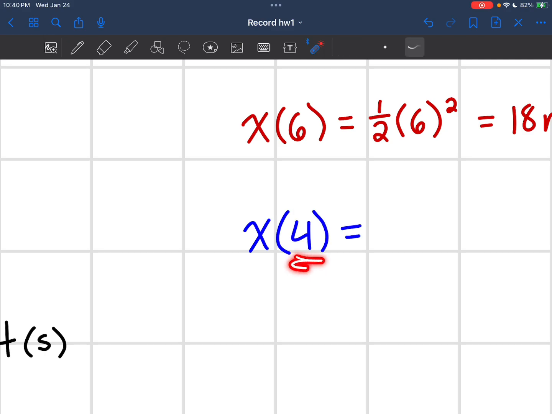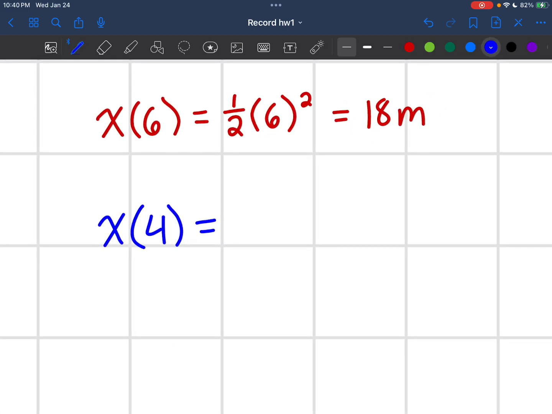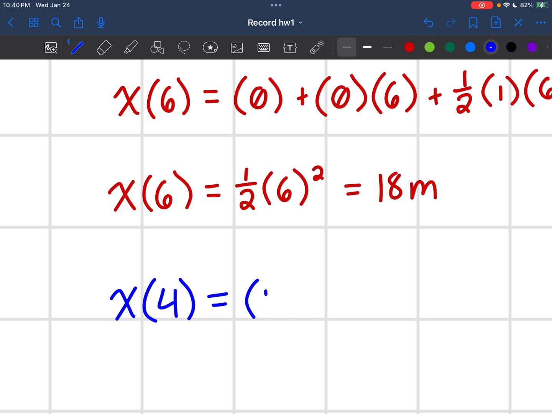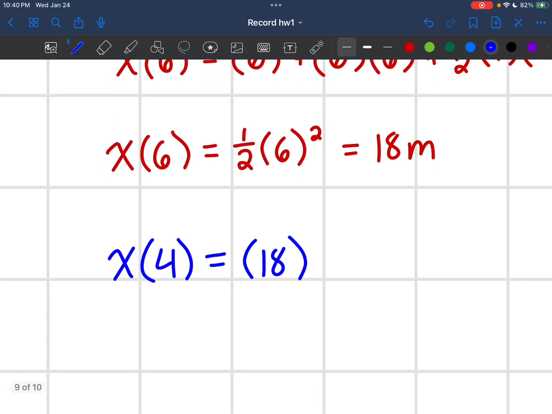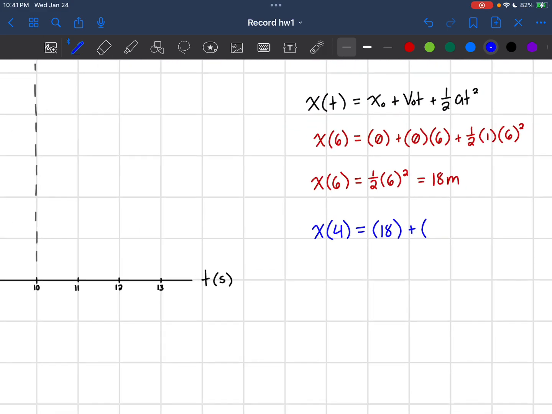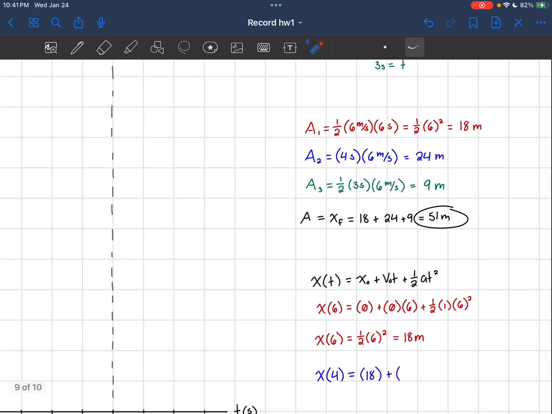And the reason it's x of 4 is because, if this is my new 0, I go 1, 2, 3, 4 seconds. So after 4 seconds of traveling, my new acceleration is 0. Right? So now my initial position is where I left off from before, my 18 meters. My initial velocity, well, now I actually have a velocity, so at 6 seconds, my velocity was 6 meters per second.